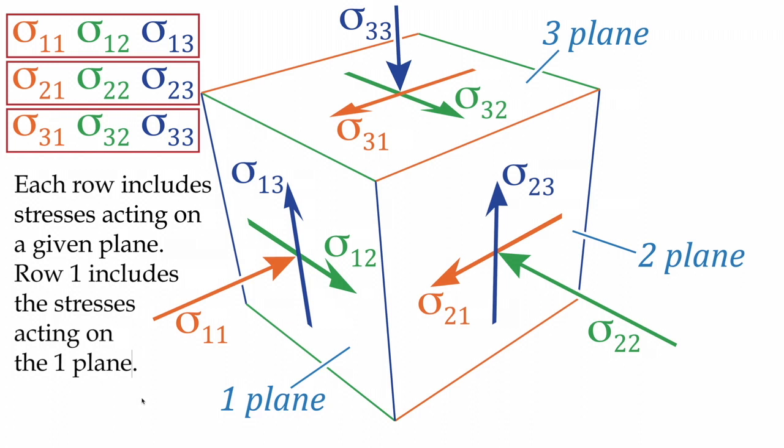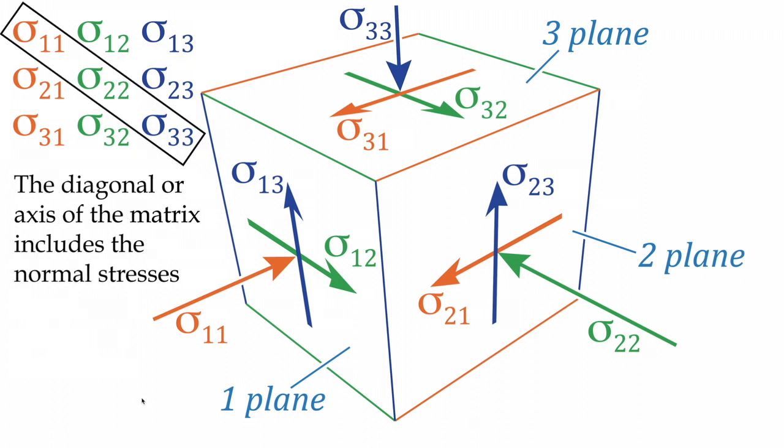What else? If we look at the values that are along the diagonal of this 3 by 3 matrix, we have all of the normal stresses. Sigma 1, 1 is a normal stress acting on the 1 plane, sigma 2, 2, similarly, the normal stress acting on the 2 plane, and so forth. That's interesting. What else?